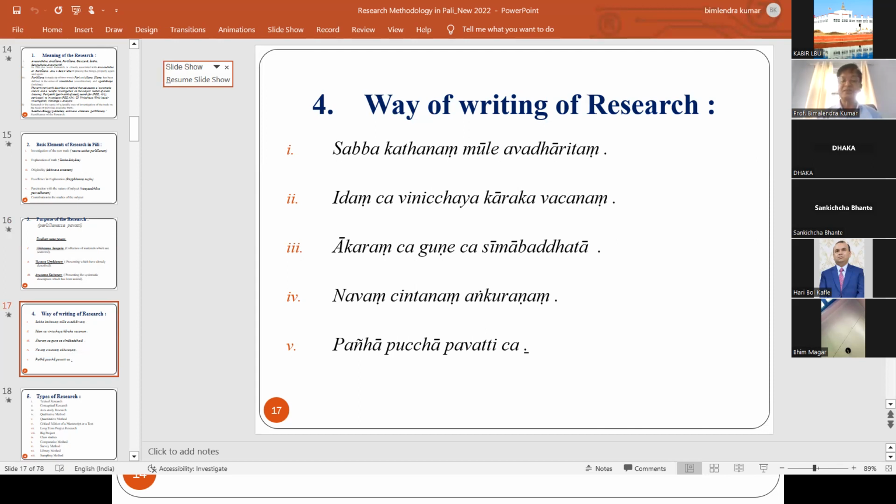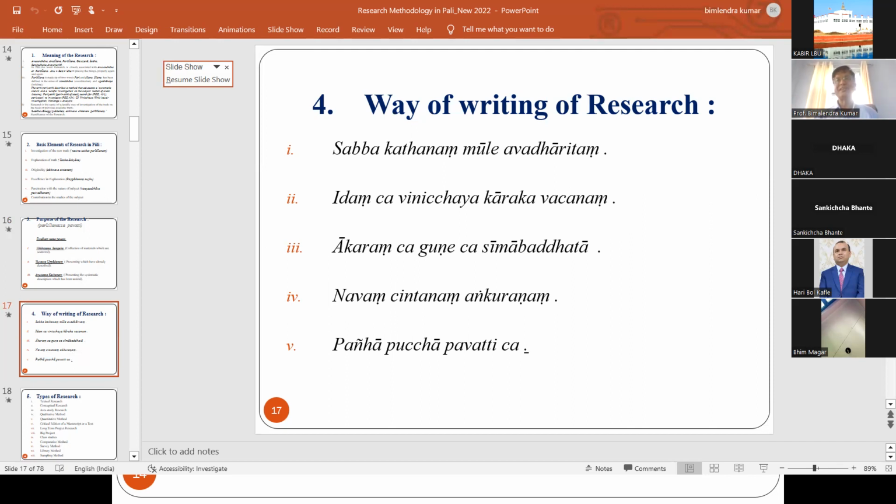The first is called Sabkathanam Mule Avdharanam. Whatever you are writing, we have already seen that there must not be any abrupt statement. Whatever you are writing must be cited by references, by original sources or secondary sources.